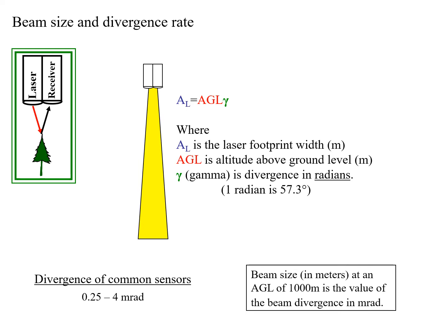So the beam size in meters at an AGL of 1,000 meters is the value of the beam divergence in millirads. So if it's 1,000 meters and you've got a 0.5 millirad divergence, then it's going to be 500 meters. So that would be a bad example.